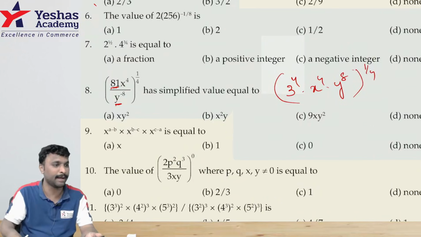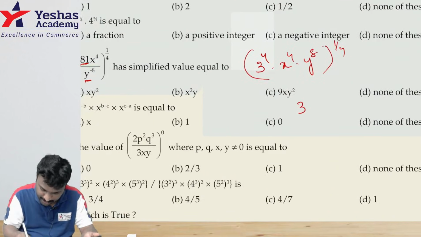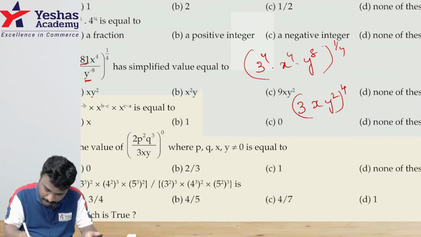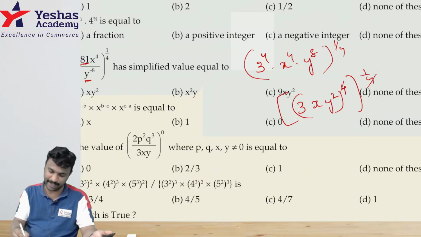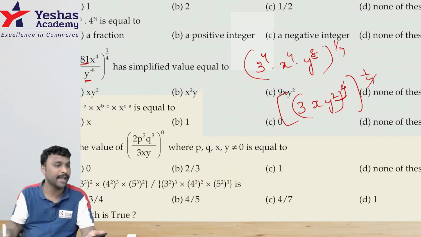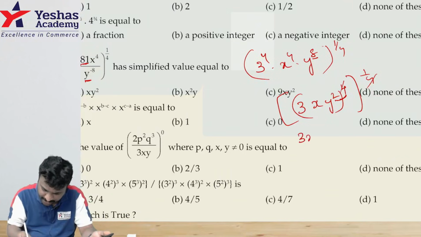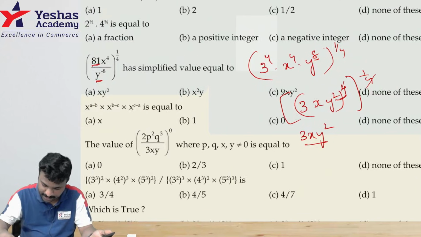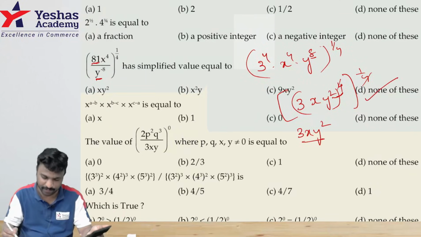Now guys, can I not write this as 3 into x into y square whole power 4? Whole power 1 by 4. So 4 will get cancelled. See, ultimately 2 into 4 is 8 only. So y power 8 only it is. So final answer is going to be 3 into x y square. Option is, I think it is none of this.